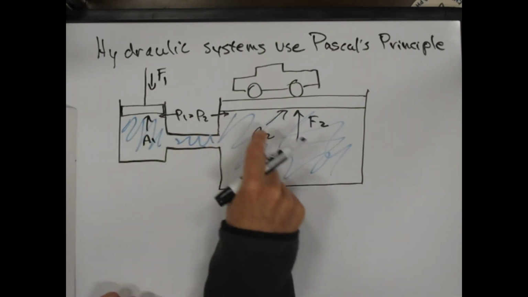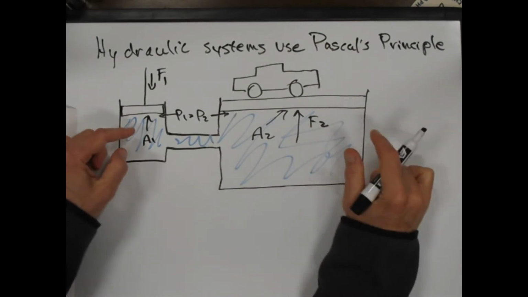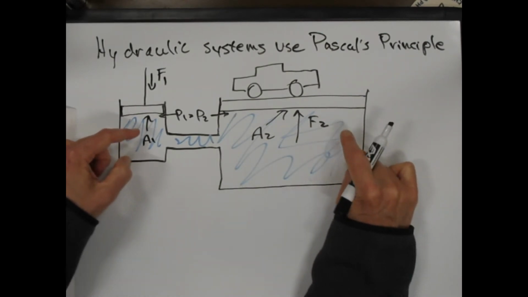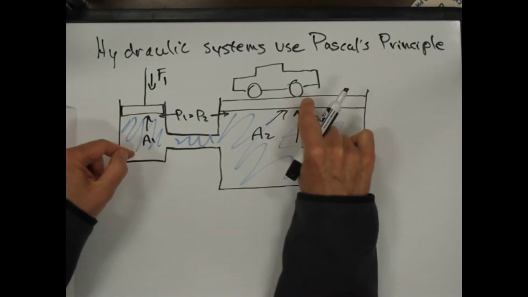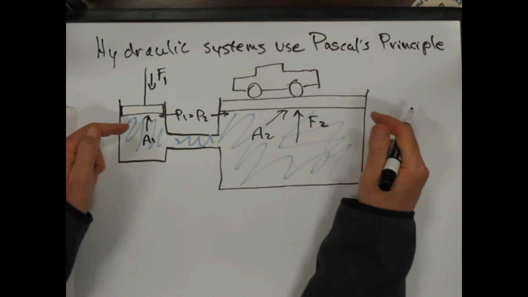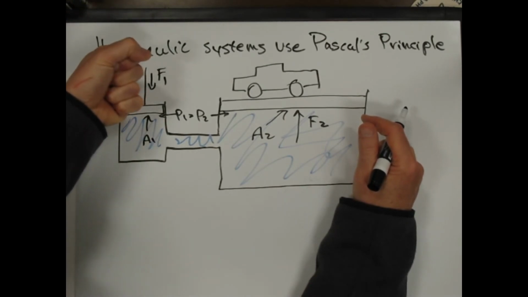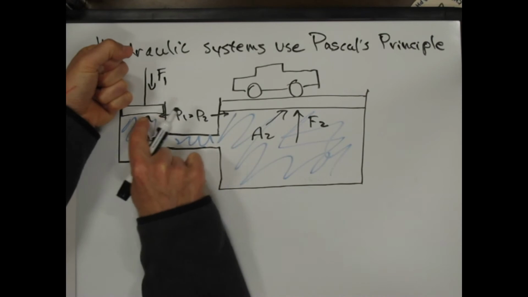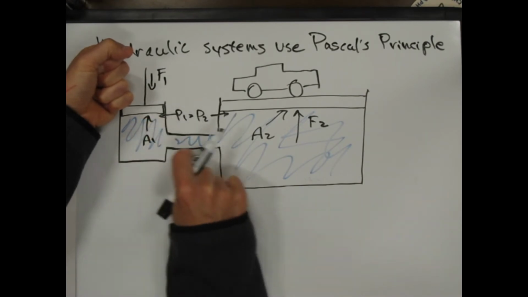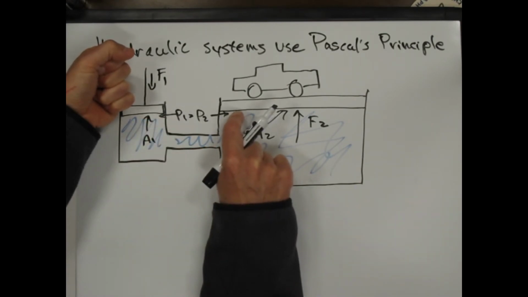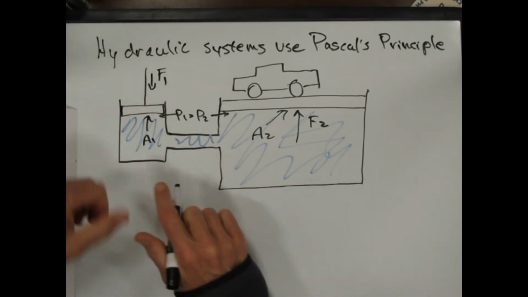This is a fluid inside that's connected between the place where I'm applying my force and the place that's getting the force in return. Hydraulic systems are often called fluid equivalents of levers. And so the idea is if I put a force this way, it increases the pressure at this point. But in a fluid, if they're at the same height, then the pressure at this point is the same as the pressure at this point.